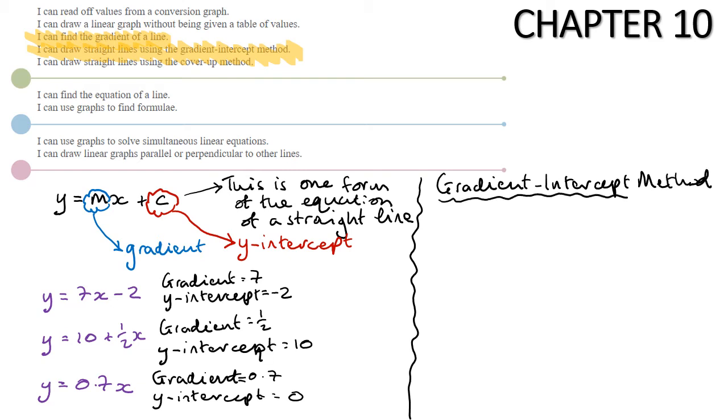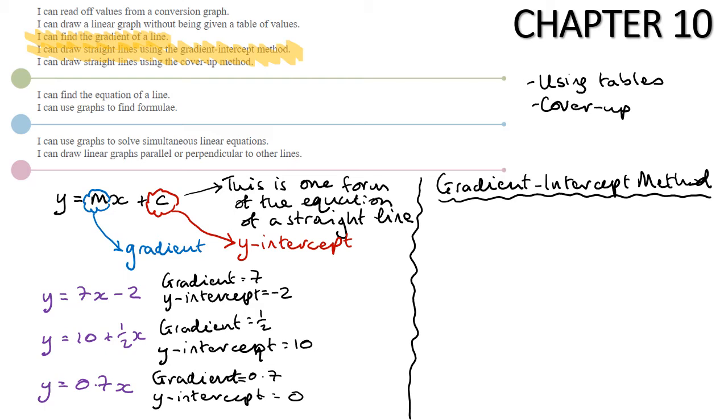One is the gradient-intercept method. Other methods are filling in a table, which we did in the last example. We made our own table. Sometimes you get a table in a question, you just need to complete it, fill in the missing numbers. After this we're going to be looking at the cover-up method. So there are 3 different methods.